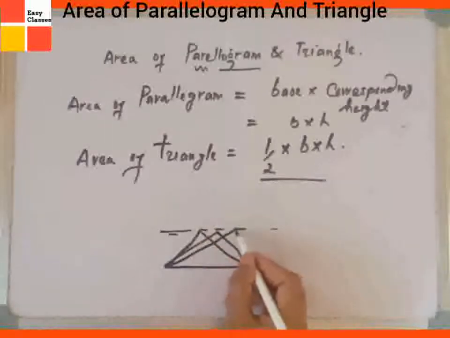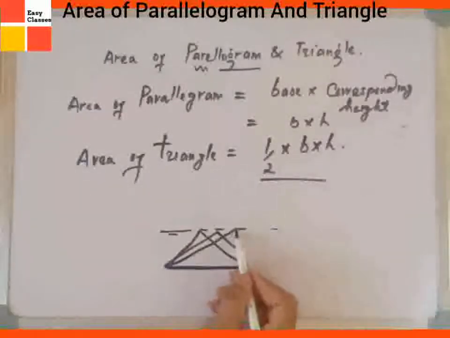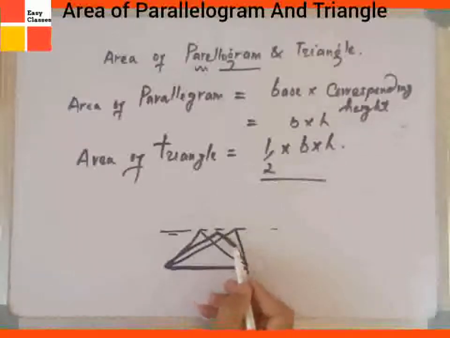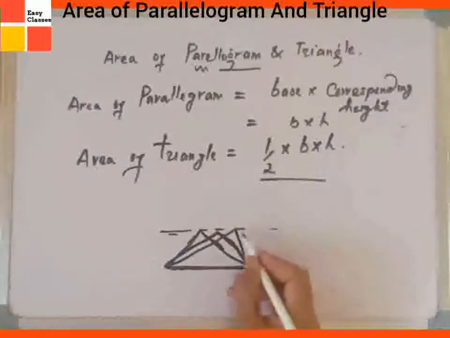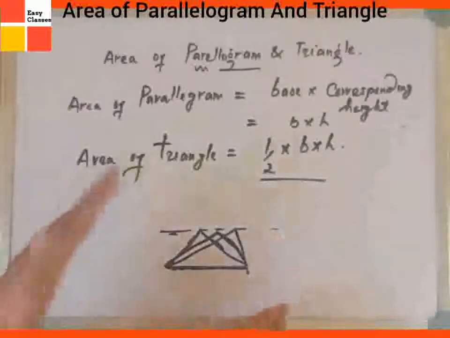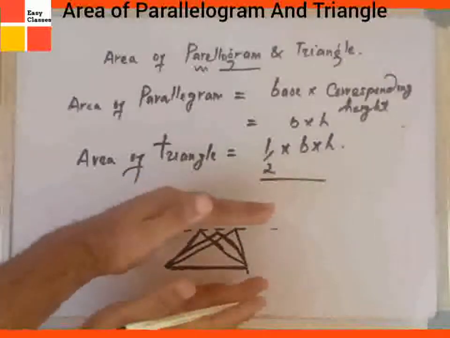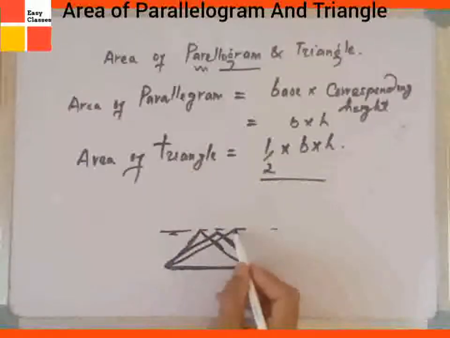So how many triangles are there? Okay, 3 triangles having the same base. This is one triangle having the same base, this is another triangle having the same base, and this is another, and their heights are within the same 2 parallels, right? All these 3 triangles have the same height, right?